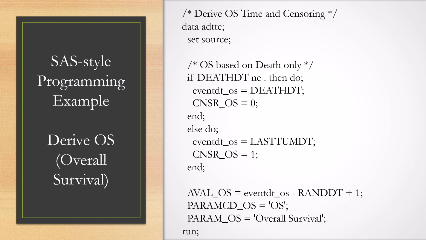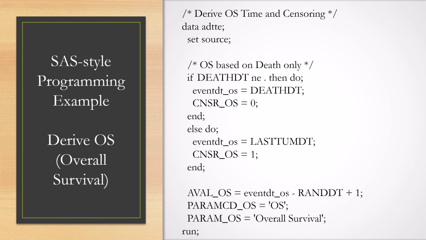Again, the AVAL, PARAMCD, and PARAM derivation remains the same, which is the event date minus the randomization date plus 1 as the AVAL, and PARAMCD for overall survival will be OS and PARAM will be overall survival. Running this code will ensure that you create the overall survival PARAMCDs for the source dataset.